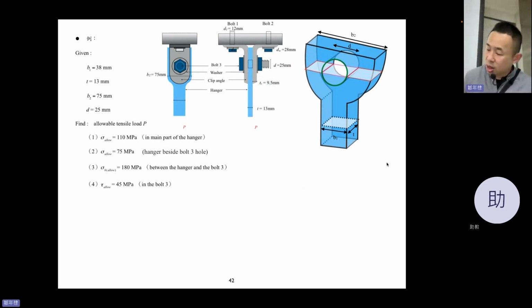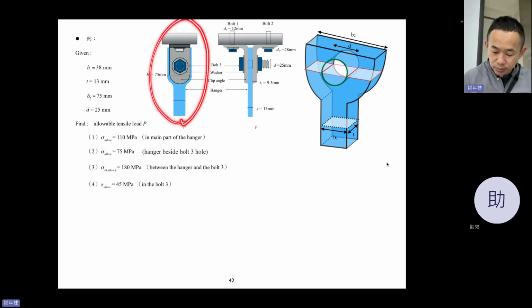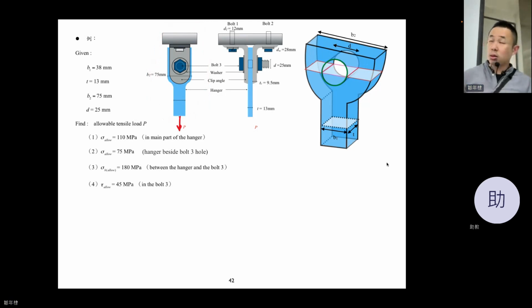Now let's take a look. There is a hanger on the ceiling. This is a side view, with a force P downward, and the other view is this one.